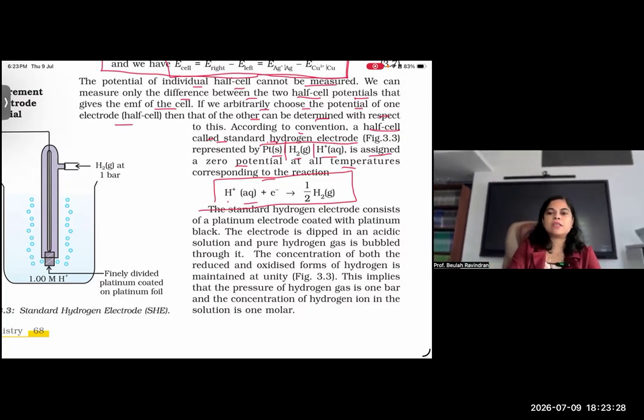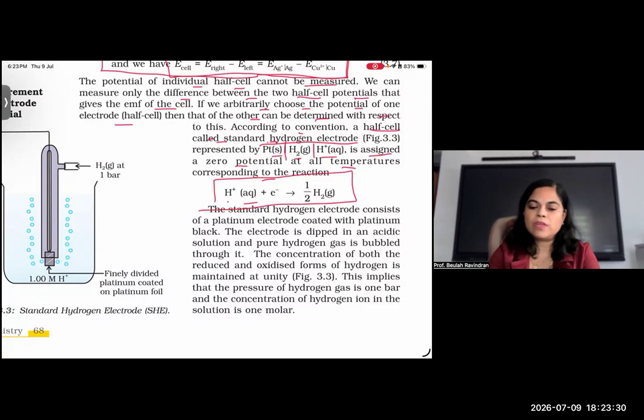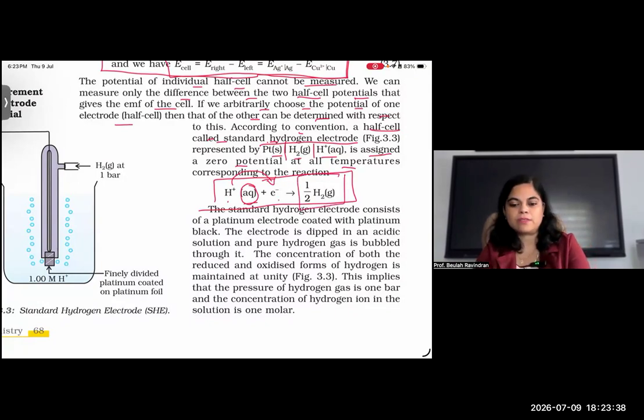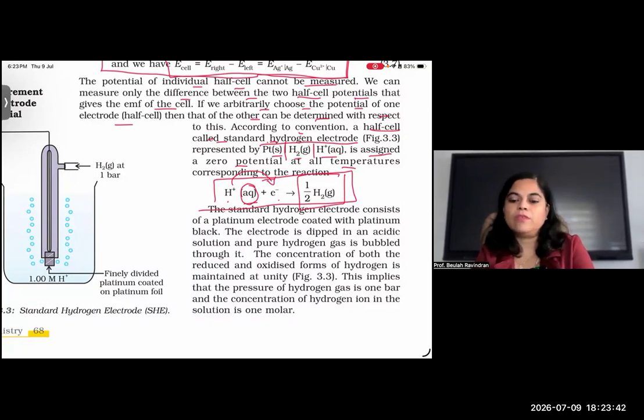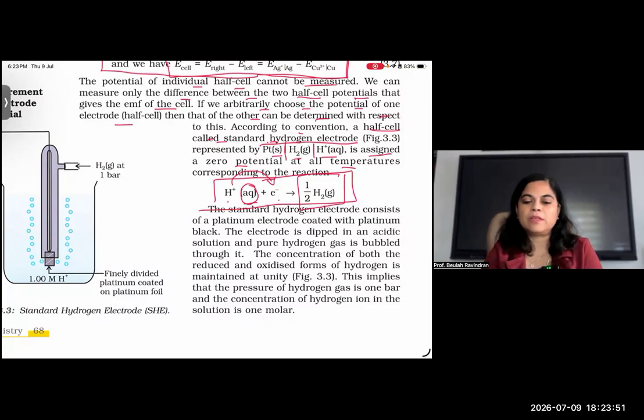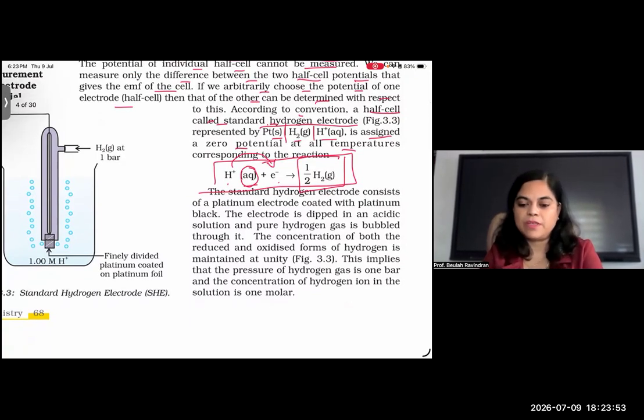So what is this H plus aqueous? That means hydrogen loses one electron and becomes half H2 gas. Hydrogen is always diatomic, so if you are writing hydrogen gas, it is half of the hydrogen gas. That means removal of an electron is happening here.